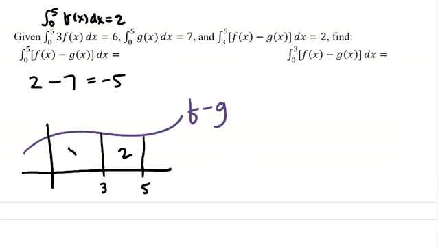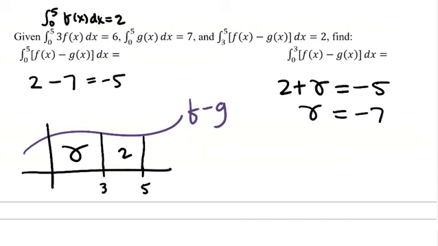So basically 2 plus, maybe x is not the best, maybe gamma, 2 plus gamma equals negative 5, meaning that this area gamma is going to have to be negative 7. So the integral from 0 to 3 of f minus g is negative 7. Okay, that was probably as difficult as these area properties are going to get.